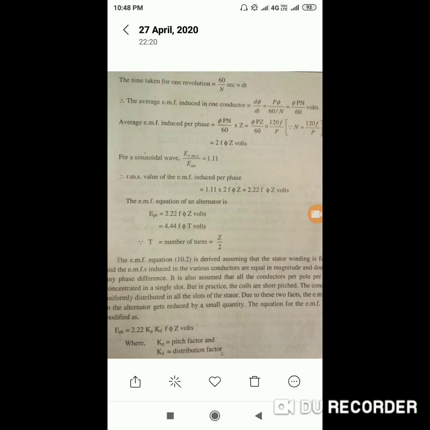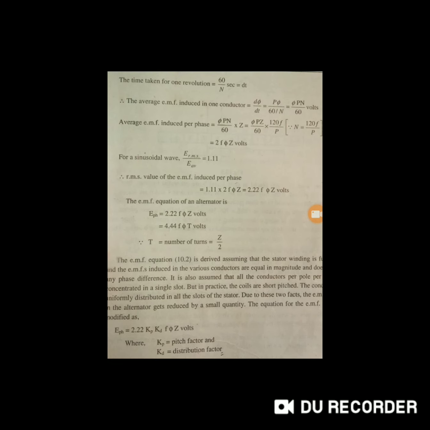We know that for a sinusoidal wave, E RMS divided by E average is 1.11. So multiply this value with the EMF equation. The RMS value of the EMF induced per phase is 1.11 into 2 into F phi into Z, which is 2.22 F phi Z, in volts.